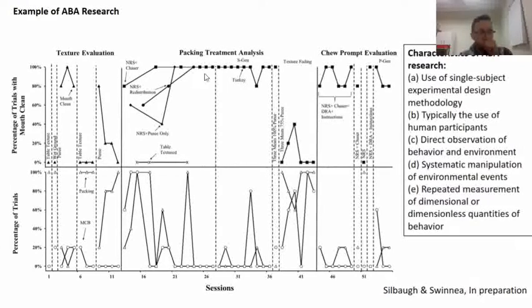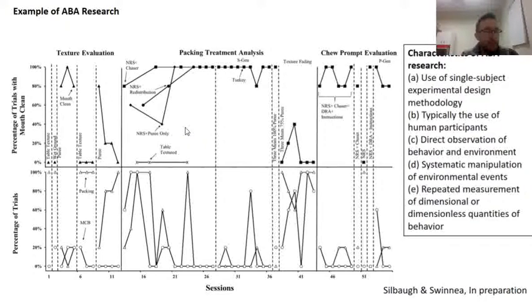Okay, so that's ABA research in the sense that this part of the treatment evaluation was focused on answering a research question which could not be addressed only by looking at the prior literature, and that is which of these behavioral intervention components was more effective at reducing packing and increasing mouth cleans.